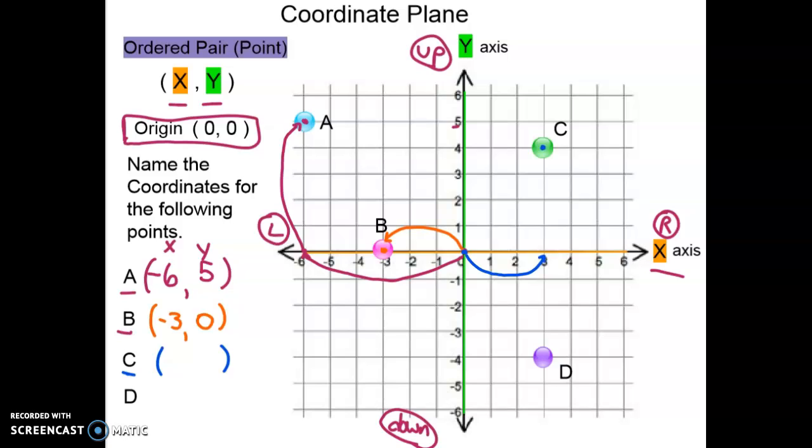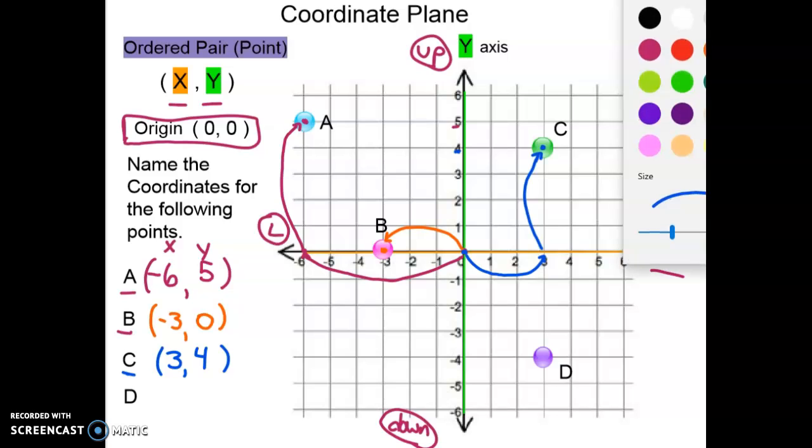So my x value is going to be 3. From here, I have to go up in the y direction, because y is up and down again. I have to go up to the 4, so my second one is going to be +4. So the ordered pair, or the set of directions to get to point C, is 3, 4.